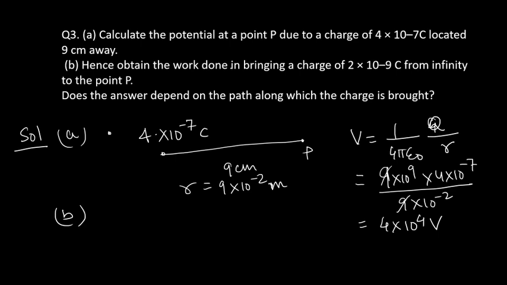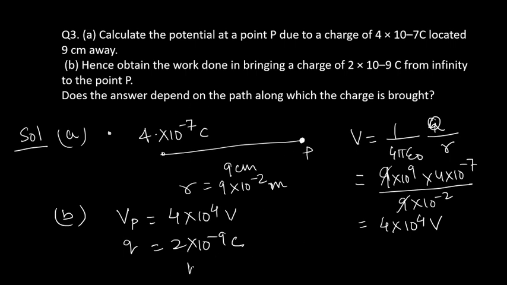Now what is the answer for part B? Hence obtain the work done in bringing a charge 2 into 10 to the power minus 9 coulomb from infinity to that point. It means potential at point P is 4 into 10 to the power 4 volt. And another charge, 2 into 10 to the power minus 9 coulomb, is brought from infinity to that point.